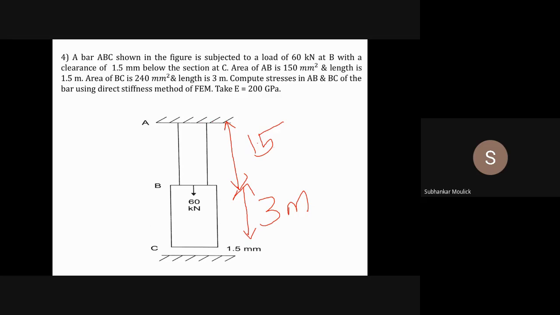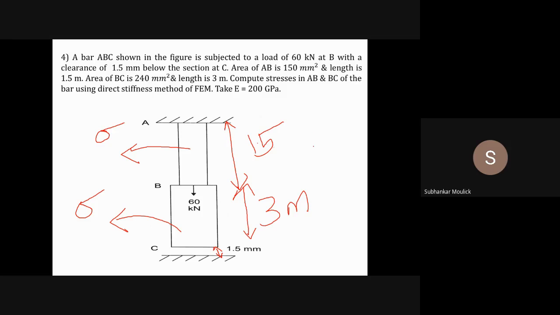End A is fixed, and there is a clearance between the end C and the lower fixed end. That clearance value is 1.5 mm. By the help of the direct stiffness method of FEM, we need to compute what will be the stress in the bar AB and what will be the stress in the bar BC.